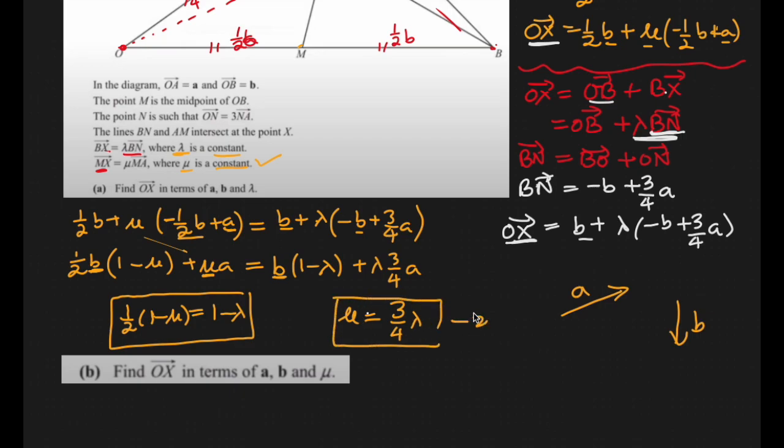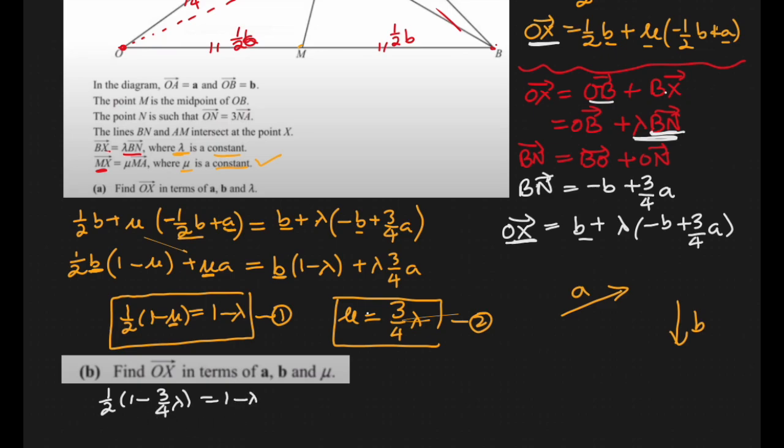I will substitute this equation number 2 in equation number 1. I'll substitute this mu by 3/4 of lambda and hopefully I'll get lambda. So half of (1 minus 3/4 of lambda) is equal to 1 minus lambda.